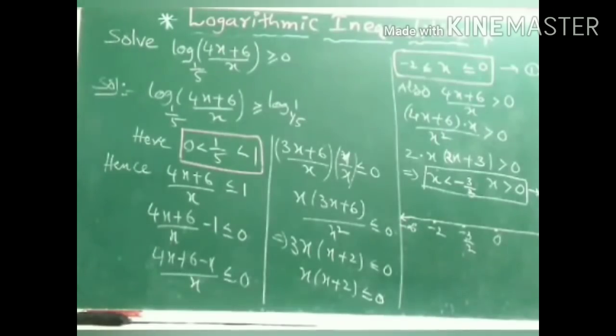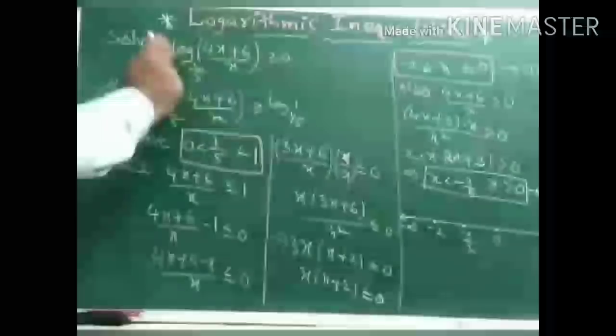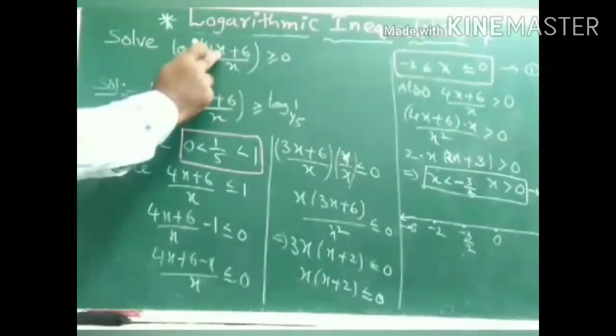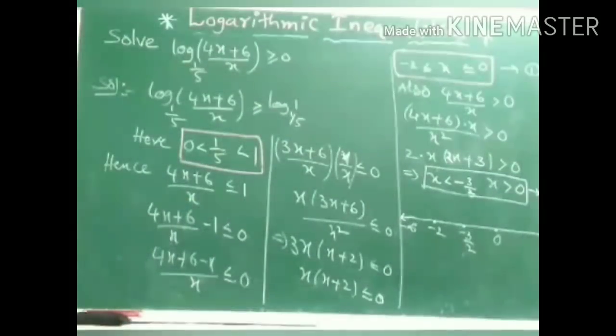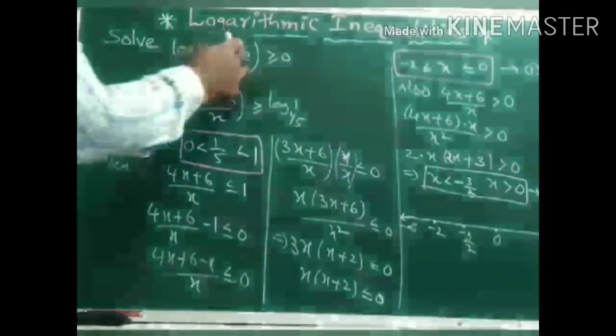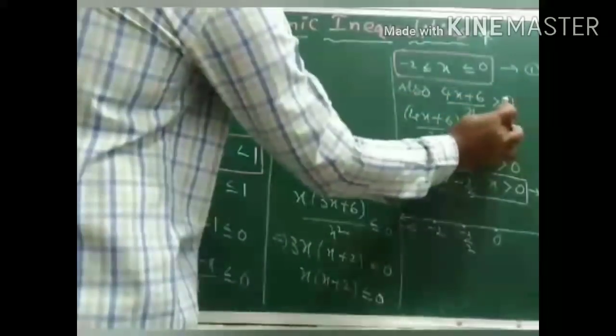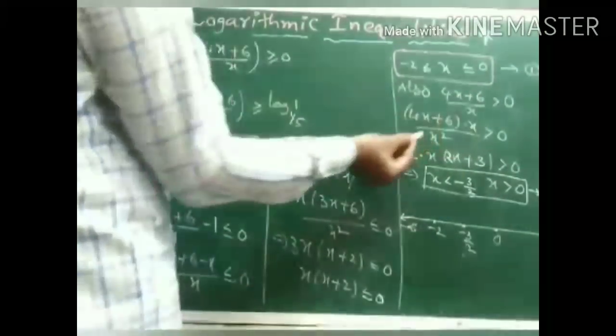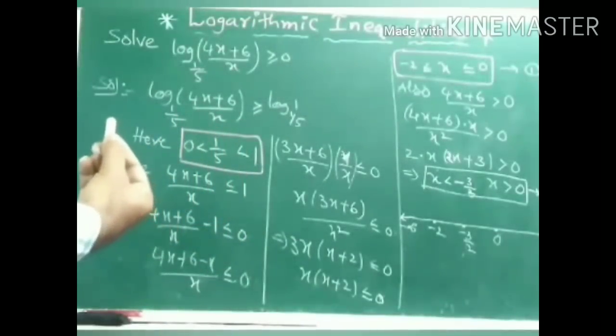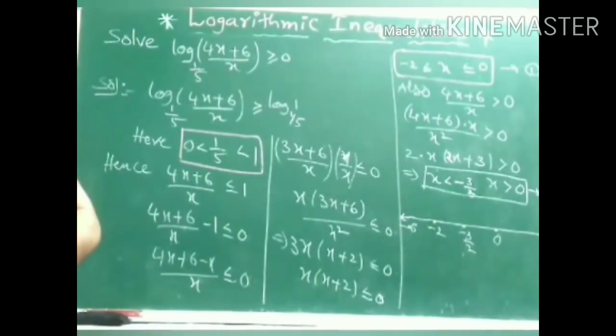Okay. And see, also the entire given logarithm is defined when (4x + 6)/x is positive. Is it not? This is one more case. Case 2: (4x + 6)/x greater than 0. It must be positive. So once again, since we have no idea about x, whether it is positive or negative, we cannot go directly for cross multiplication.